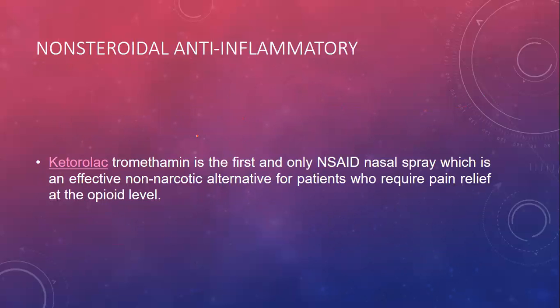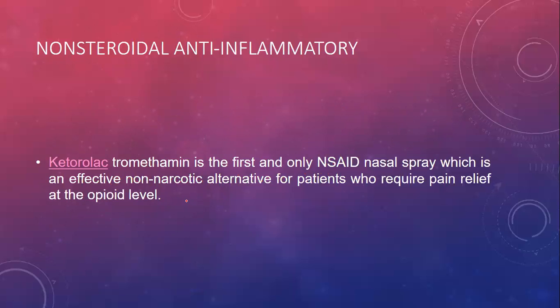Next is the non-steroidal anti-inflammatory form of nasal spray. Ketorolac tromethamine is the first and only non-steroidal anti-inflammatory drug nasal spray, which is an effective non-narcotic alternative for patients who require pain relief at the opioid level.